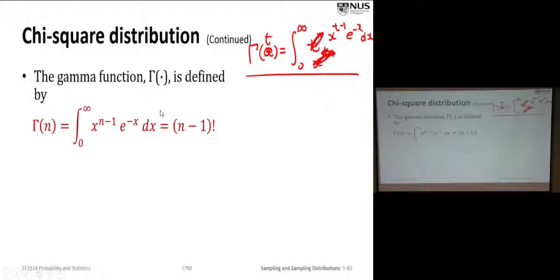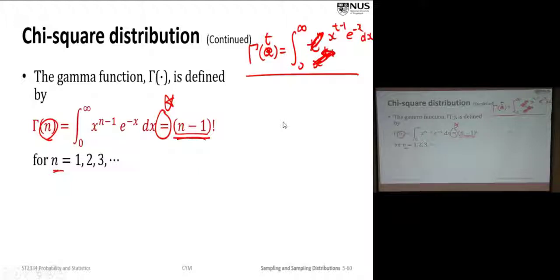I have to make a star here. In general, it does not equal n minus 1 factorial. It's only when this part is an integer that it's equal to n minus 1 factorial. You can show it, not too difficult to show. But t can be any number, because the definition does not restrict t to be an integer. If t takes an integer value, then it's equal to t minus 1 factorial.